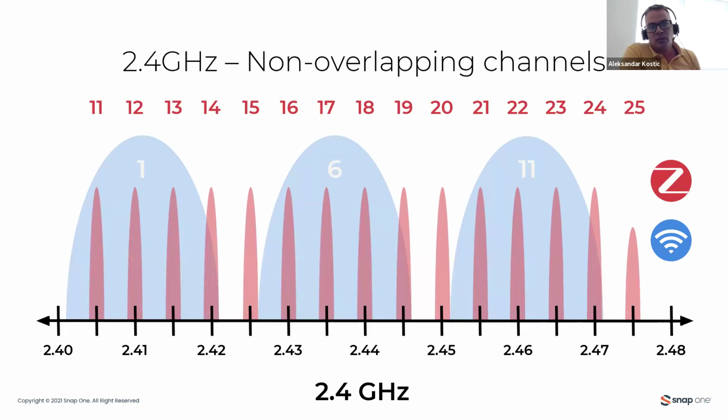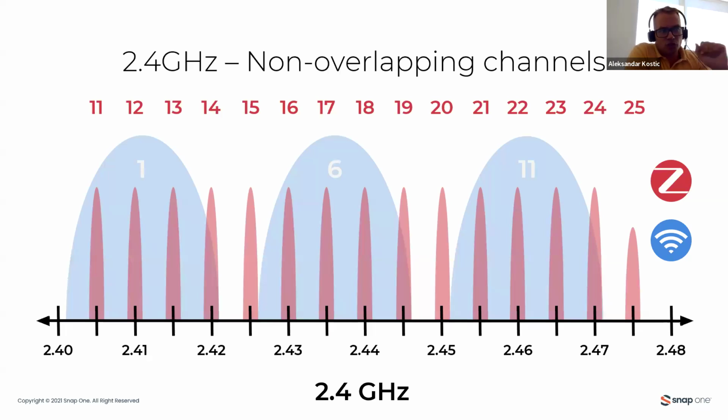For that reason, when we design the Wi-Fi, we need to take into consideration any Zigbee signal as well. If we use the standard 1-6-11 scheme on the Wi-Fi, we should choose channels 15 and 20 on Zigbee, because as you can see on the diagram, they are between channels 1 and 6 and 6 and 11. So they are interference free when Wi-Fi is in question.